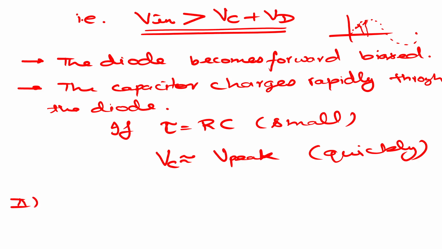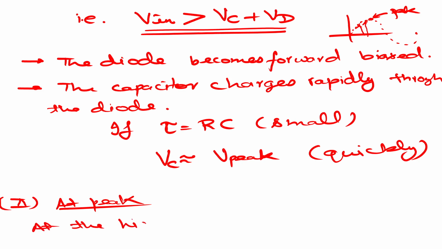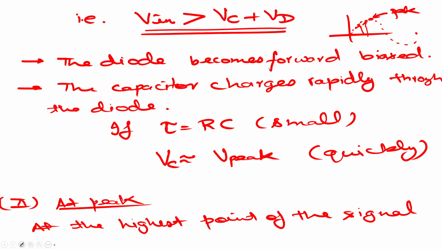And the second phase is when this Vin comes here. This is the peak, right? This is the peak voltage. So at the peak, what happens? At the highest point of the signal, the capacitor stores the maximum voltage.